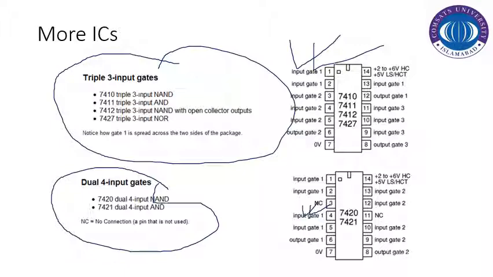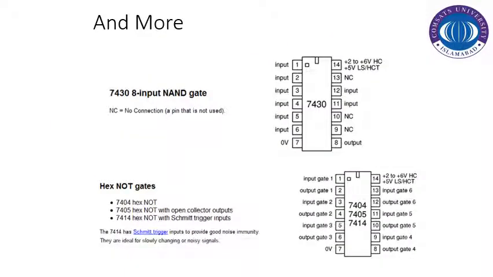So if you are given a particular IC to work with and you don't know how to interconnect your connections, the first thing to do is to download the data sheet, verify the connections from it, and then use that component in your digital design. And similarly, there are some more ICs here.